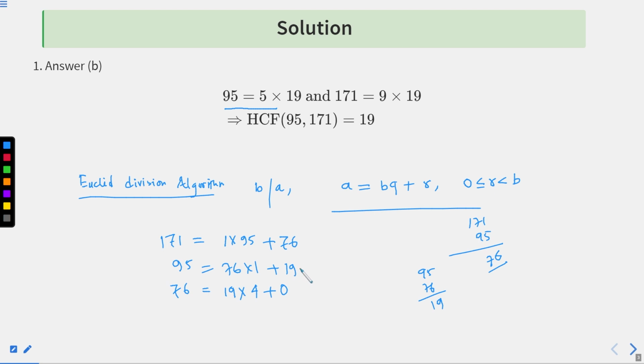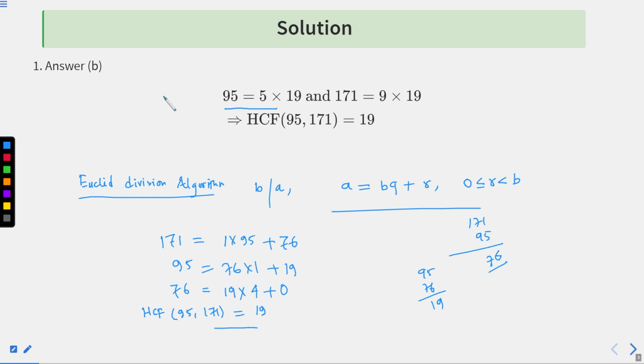So here the HCF of 95 comma 171 is equal to 19. So by using the Euclid division algorithm, we get the HCF of 95 comma 171 is also 19.